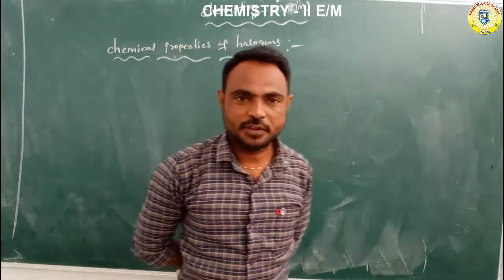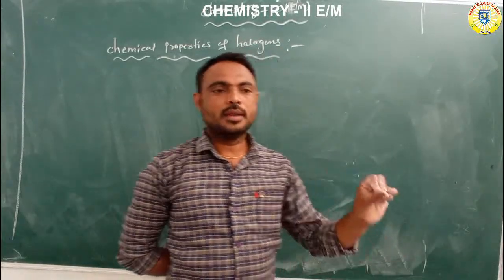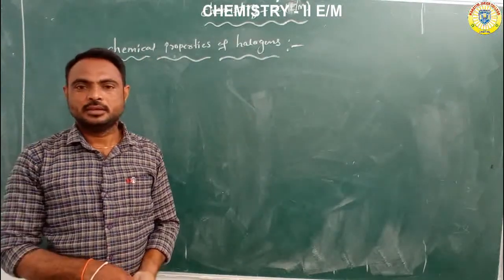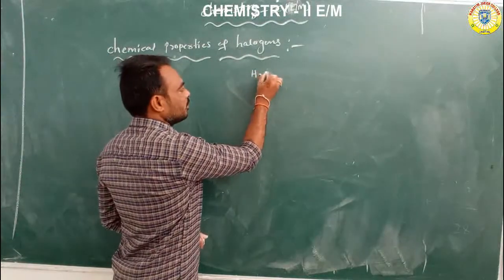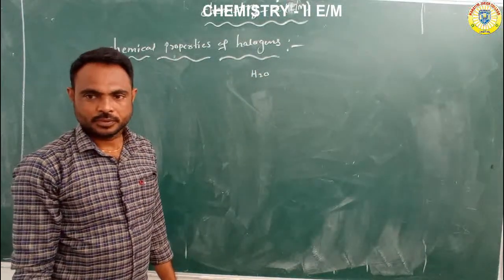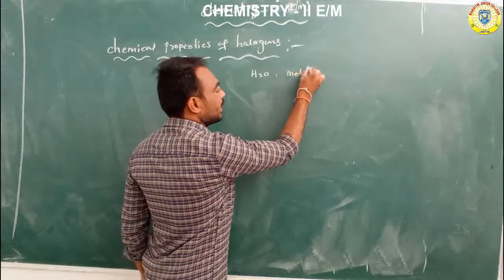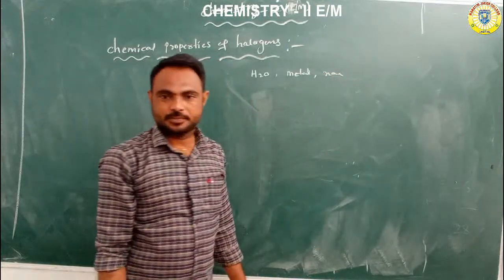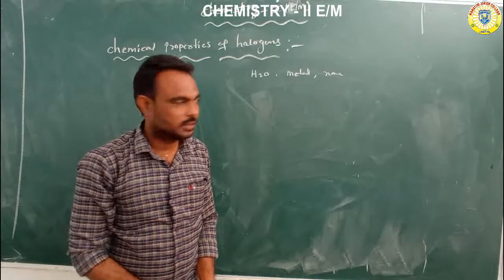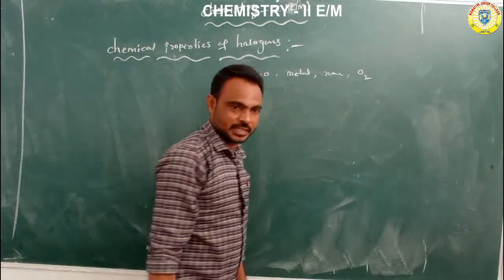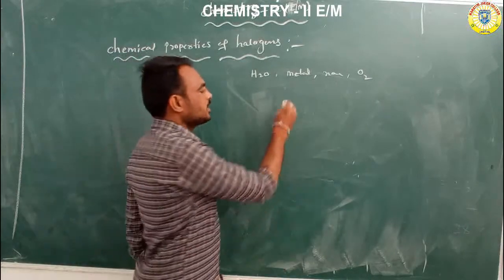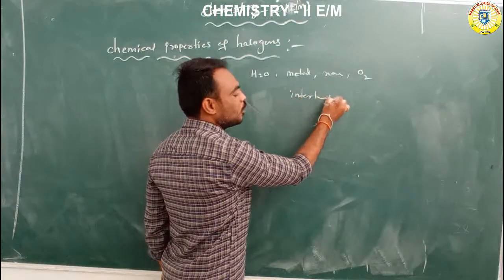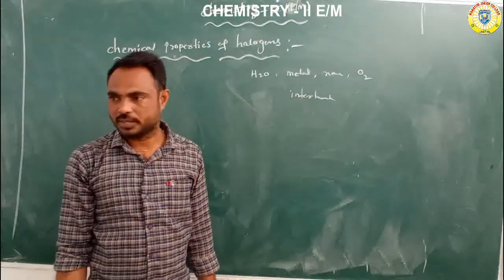Overall, halogens react with a number of components, like water molecules, or for example metals or non-metal components, or oxygen, or to form interhalogen compounds.